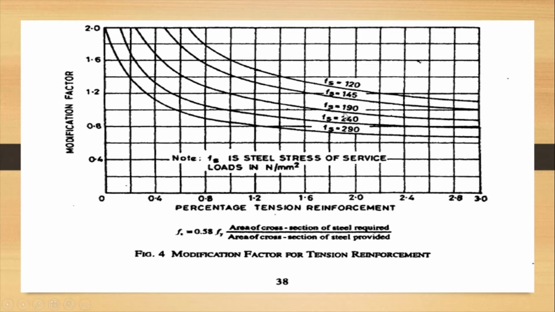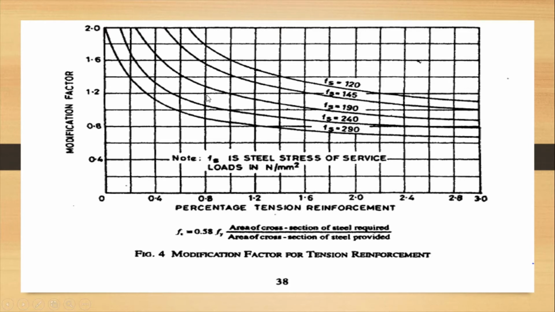Our Fs lies in between 190 and 240. If I draw the curve up to 0.8 percent reinforcement, because we have 0.8 percent reinforcement, and draw the lines from 0.8 percent, suppose I get the intersection point over here.